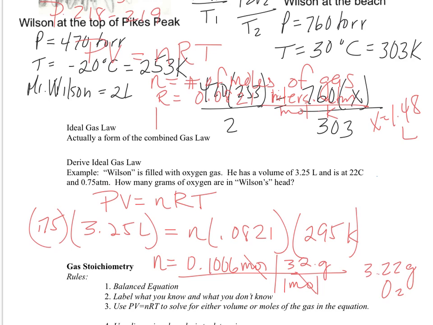So 0.75, we got atm times liters, and then we have R times Kelvin, which is liters dot atm over mole dot Kelvin.